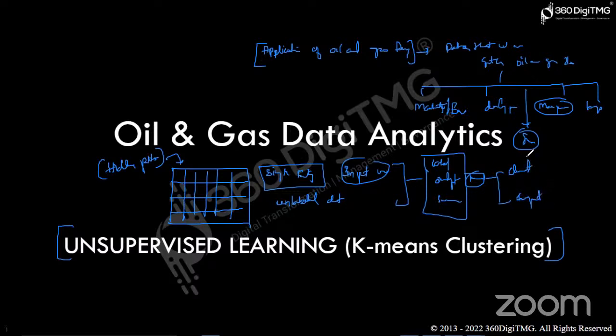That means we are going to divide this data based on similarities. Based on the similarities between these different records, I am going to cluster this data. Different clusters will be formed, and based on the clusters, I am going to label this data, because it is unlabeled data. Now I am trying to label this data.